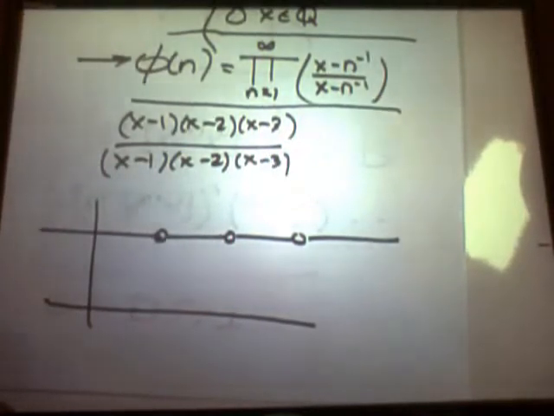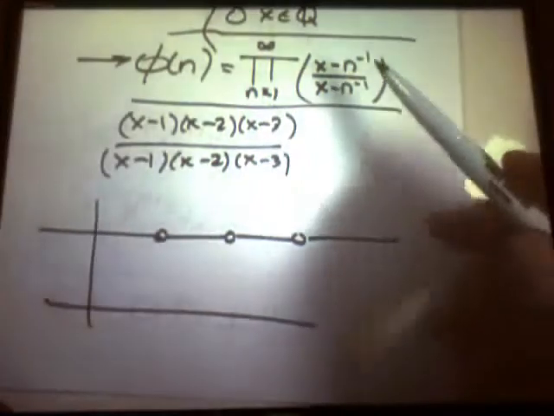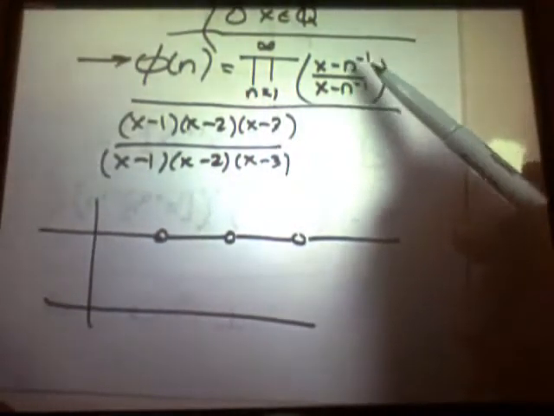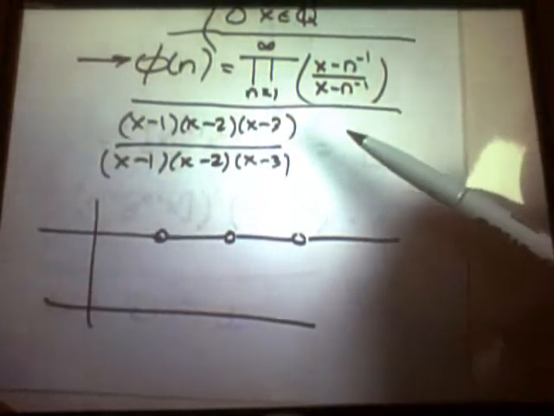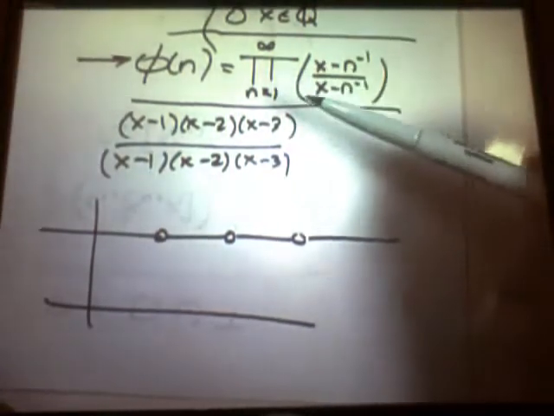So is it defined at 0? Well, if it's defined at 0, it's just the ratio of minus 1 over n to minus 1 over n, which is 1. So this function is 1 at 0.